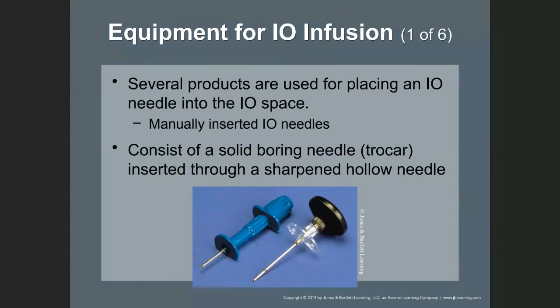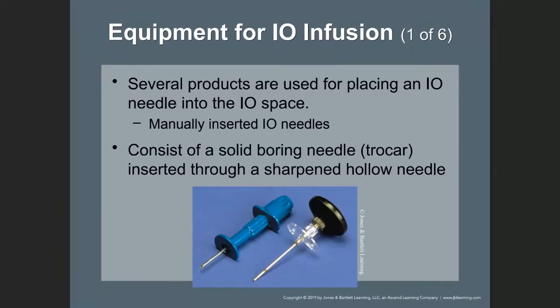Several products are used for placing an IO needle into the IO space. You have manually inserted needles and you have the power drill types. Manually inserted IO needles consist of a solid boring needle, a trocar, inserted through a sharp hollow needle.